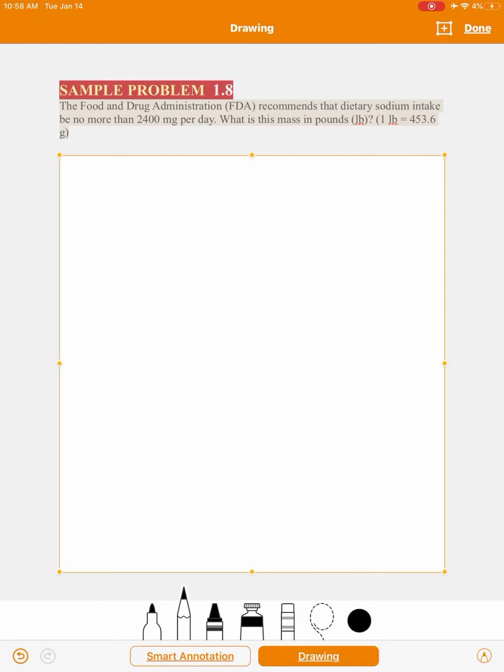What we see is that I'm going to take the measurement that's given. The measurement is the first number given here, 2,400 milligrams. And we have a conversion that's given. So I'm going to write here that this is given.